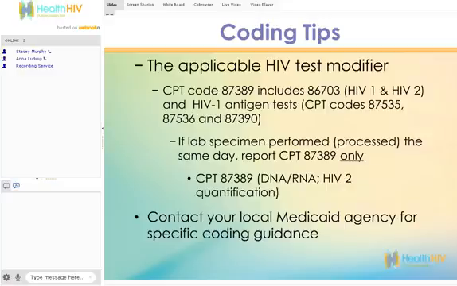So you have to check with your payers. But the coding guidance says to just report one code, and that would be for the lab specimen. There might be specific guidance in your state. They may want you to report both the rapid test as well as the specimen if you have a lab in your facility.